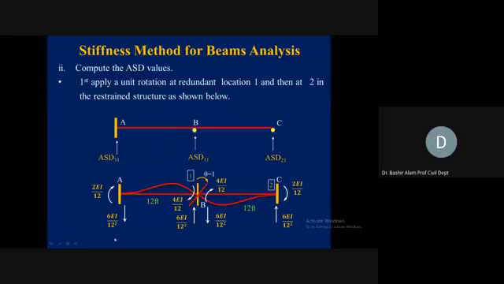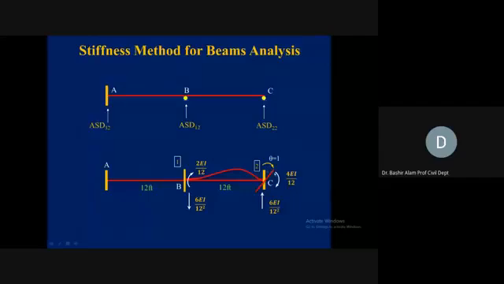To complete the second column, we give the unit rotation corresponding to theta 2. Already we generated this, if you remember, for generating the second column of the stiffness matrix. The corresponding values we will now look at. So ASD12, due to 2, is minus 6EI over L square. ASD22 is plus 6EI over L square.